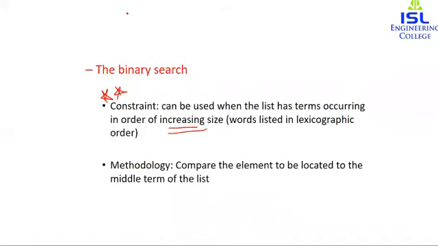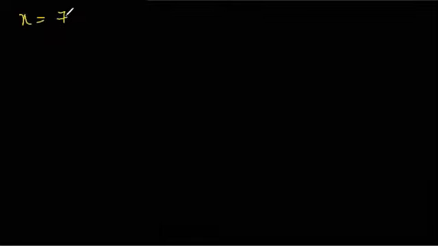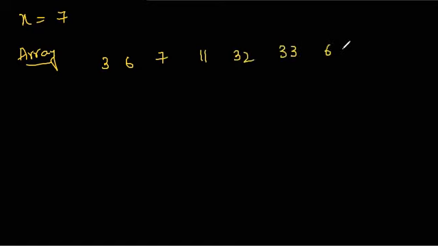The x value that we are supposed to search is x equal to 7, and the array is 3, 6, 7, 11, 32, 33, and 63. Now, what will be the first step?